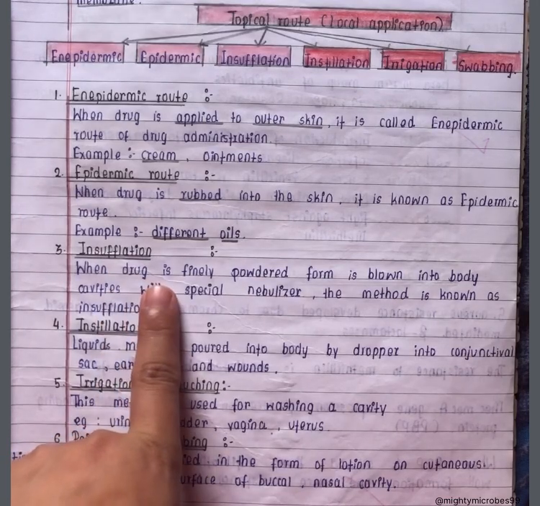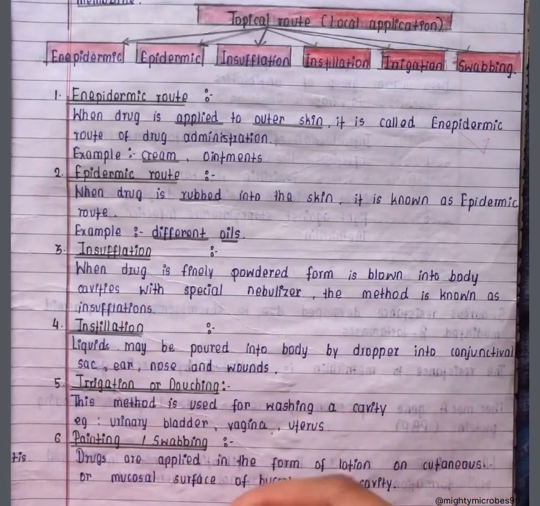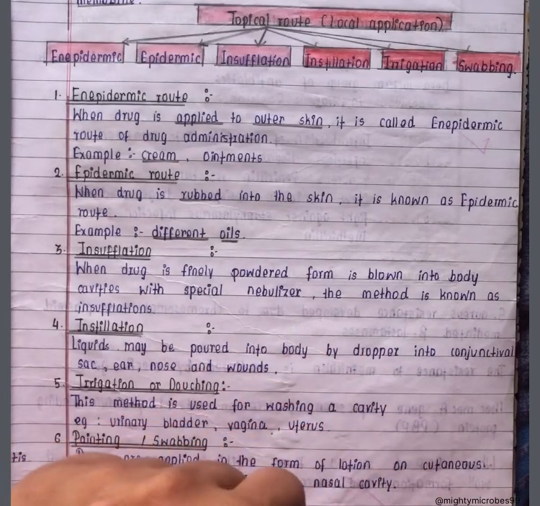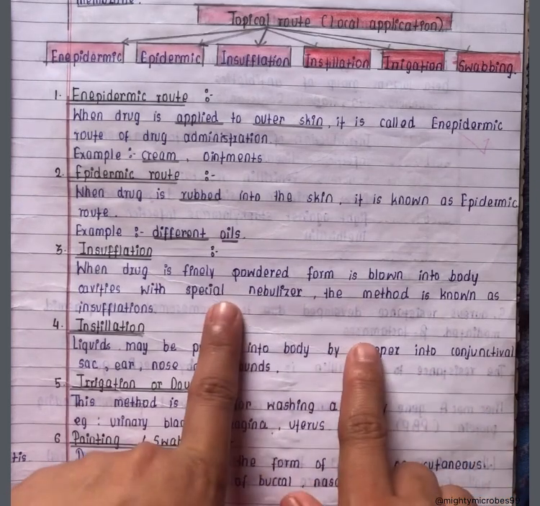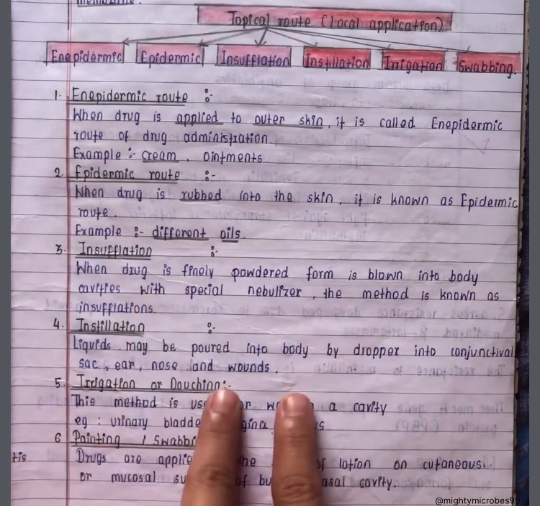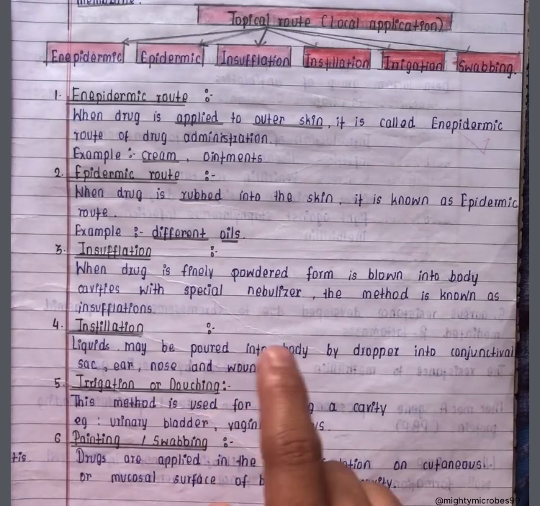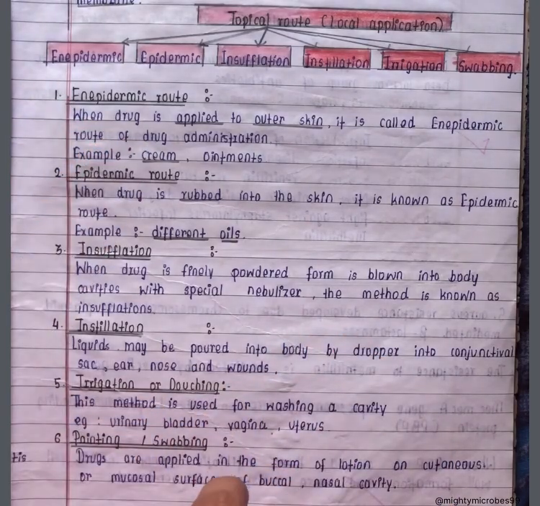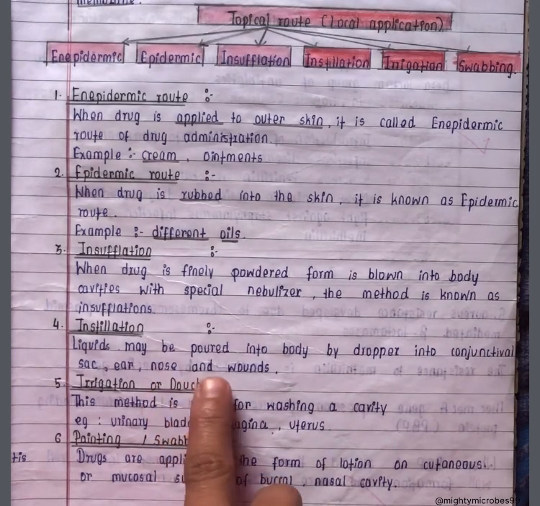Here the drug is in finely powdered form and is blown into a body cavity with a specific nebulizer, and this method is known as insufflation. The next is instillation, where the liquid is poured into the body by a dropper into the conjunctival sac, ear, nose and wounds.